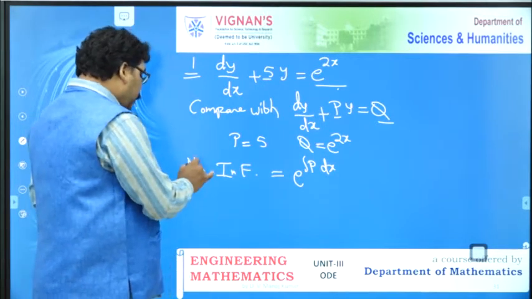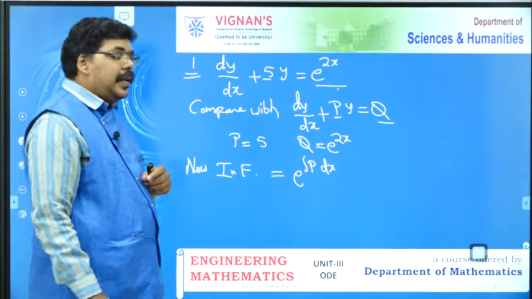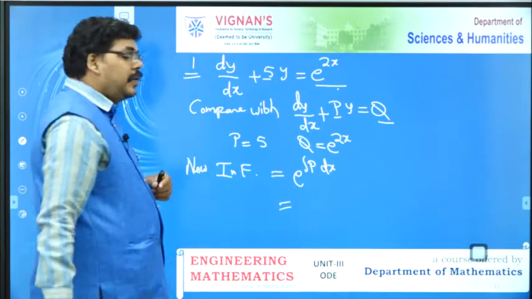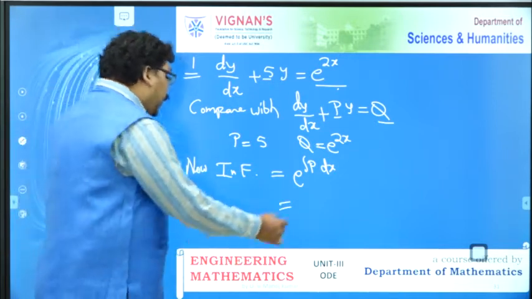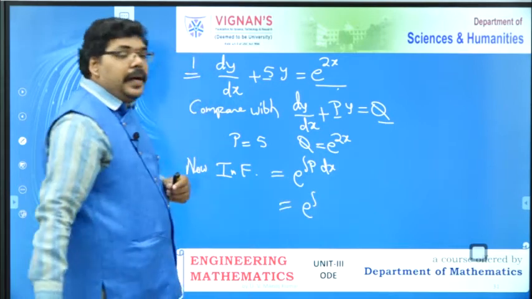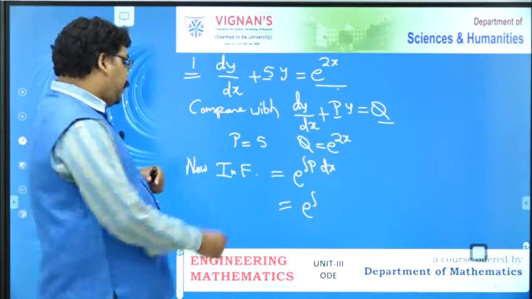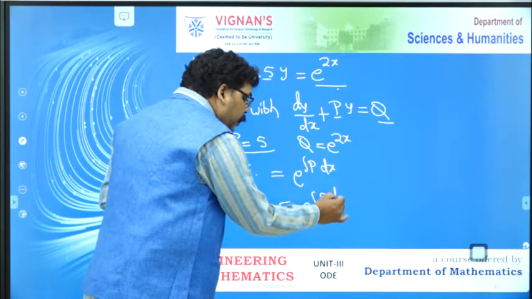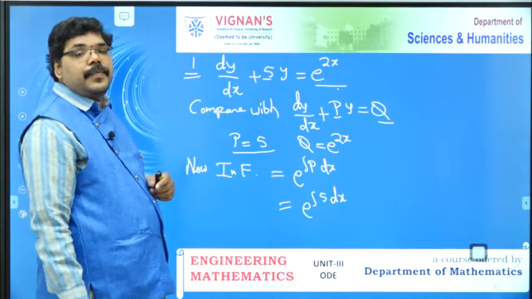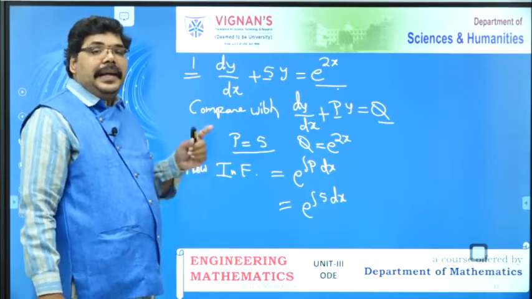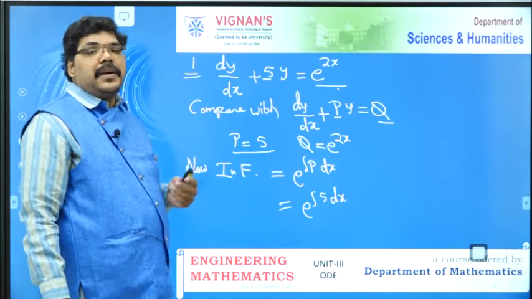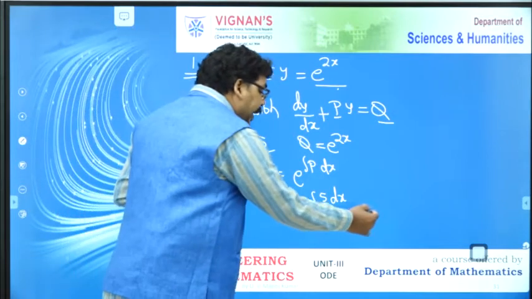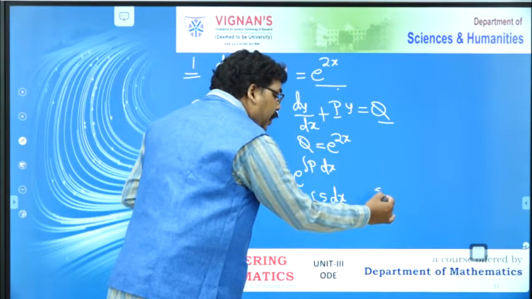Now, integrating factor equals e power integral p dx, that is equal to e power integral, what is p? 5 dx. If you integrate, integral 5 dx, 5 is a constant, integral of 1 dx is x. So integrating factor will be e power 5x.